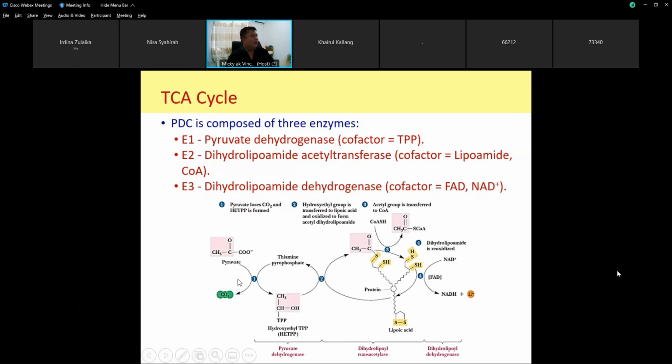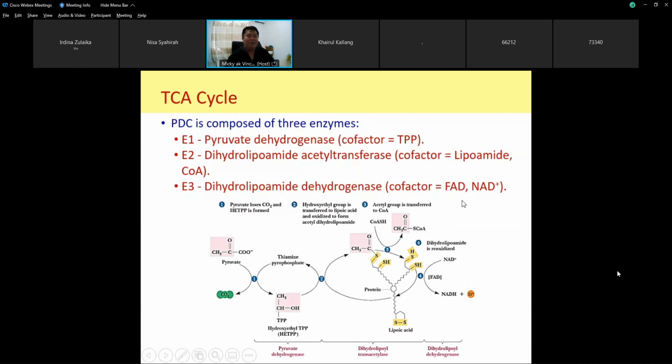Now let's look at enzyme E3 pula. Kamu nampak ni cofactor. Cofactor is FAD, flavin adenine dinucleotide lah. So this is responsible untuk enzyme yang ketiga. What is also needed, the cofactor is NAD+. Without FAD, without NAD, yang ketiga ni tak akan berlaku.